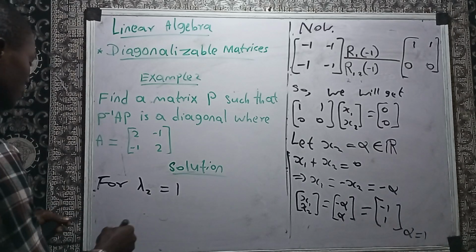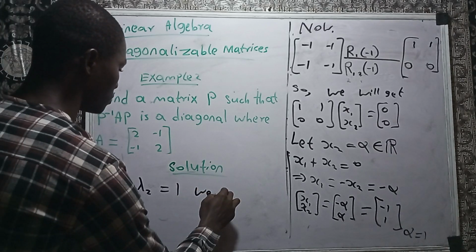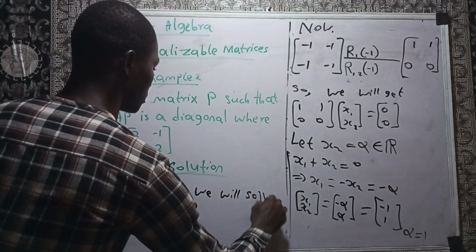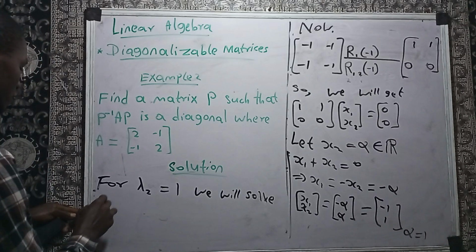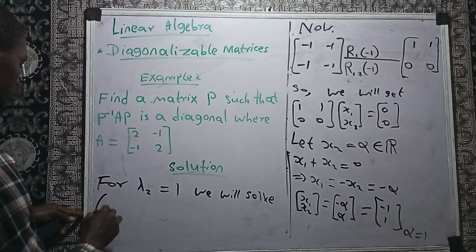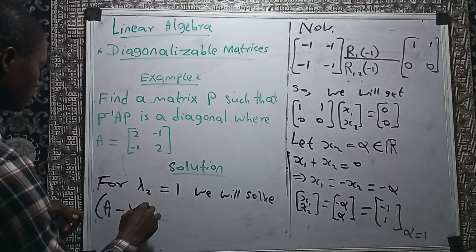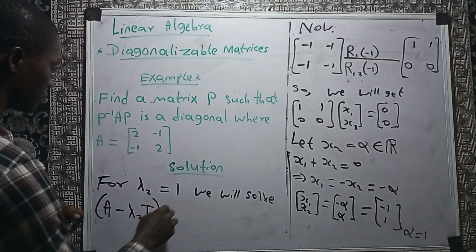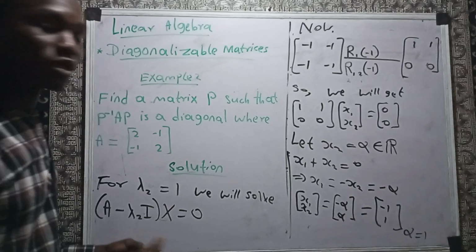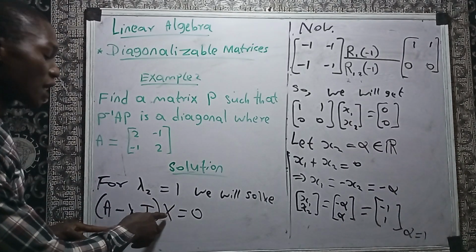For lambda 2 equals 1, we will solve A minus lambda 2 I, capital X equals 0. We want to solve this to get the eigenvector, right?